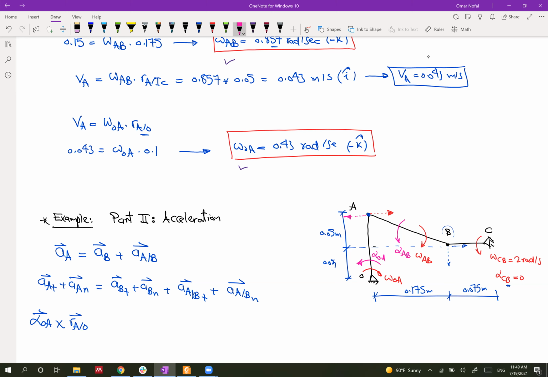So this will be A tangent, plus, and let's make it negative omega OA squared crossed by, not crossed because we will use the one that has R A with respect to O vector. It will be crossed if you put it in this form. This crossed by omega OA crossed by RA with respect to O.